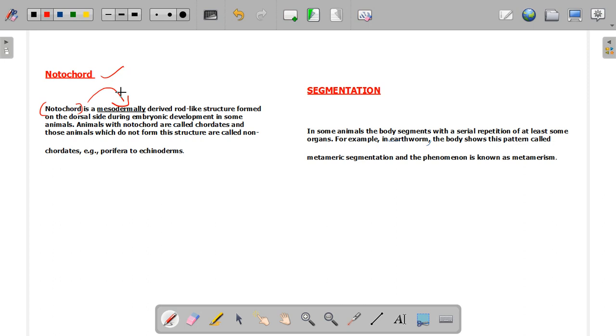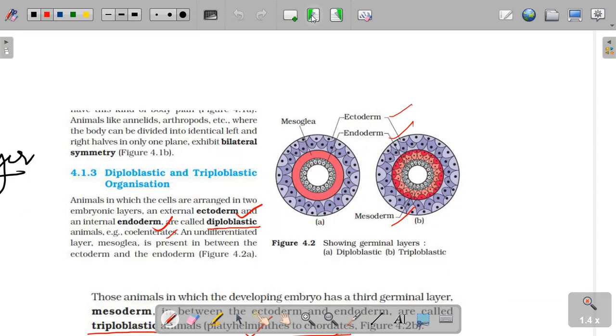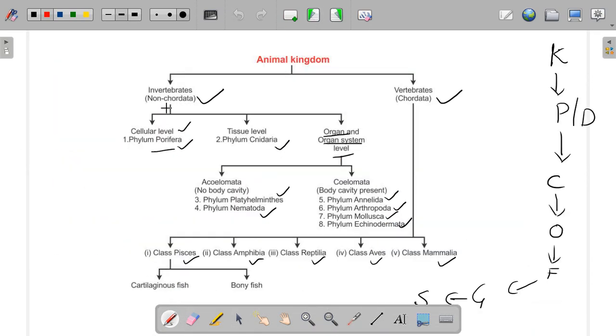Animals with notochord are called chordates, and those without a notochord are called non-chordates. Non-chordate means the dorsal part of the body doesn't have a notochord. Then all of them come under a category called non-chordates. You can call them invertebrates.